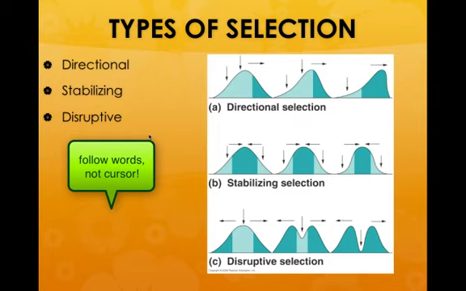In stabilizing selection, the medium or intermediate phenotype is being selected for, so you're going to end up with a reinforcement of individuals that are displaying the selected medium phenotype. In disruptive selection, let's say we have short, medium, and tall organisms. If for some reason only the short and only the tall organisms are being selected for, they're going to produce offspring that are either short or tall.